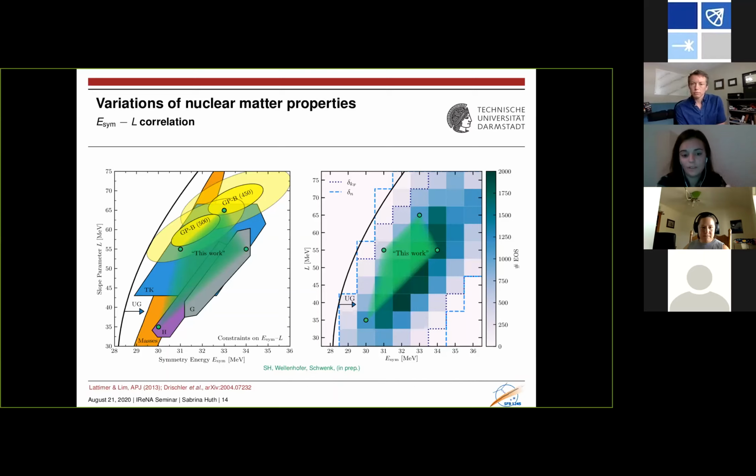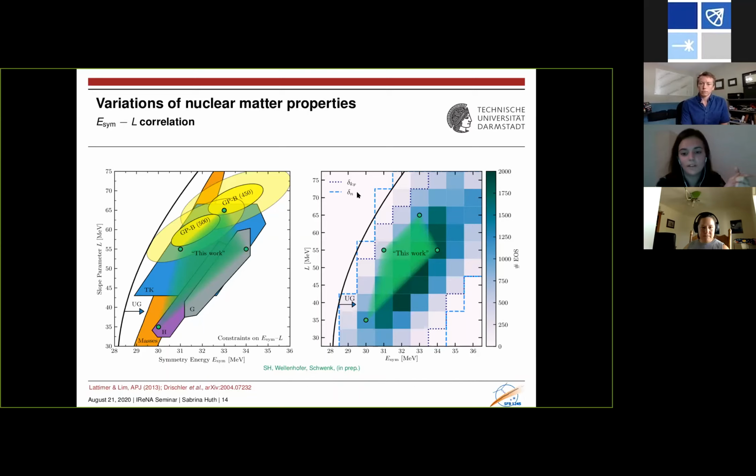What I mean with this is that we just varied all other nuclear matter properties, the effective mass, the different delta I's that we use, the different D parameters, and also different high density fit points. We varied all of them, and then at the end we looked at how many of these EOS that we calculated are actually consistent with the constraints that we have from nuclear physics and from observations. And this is what you see here in the color coding.